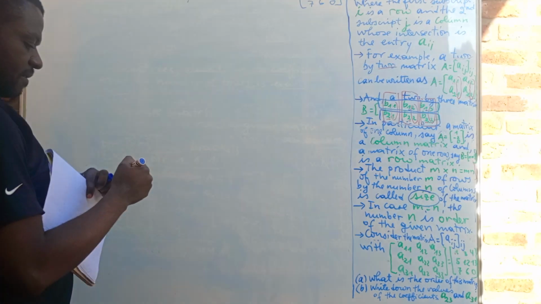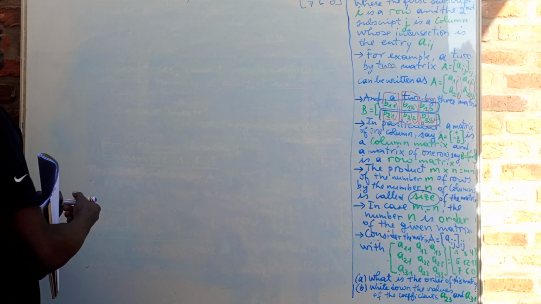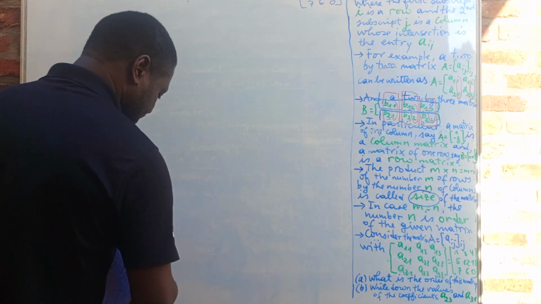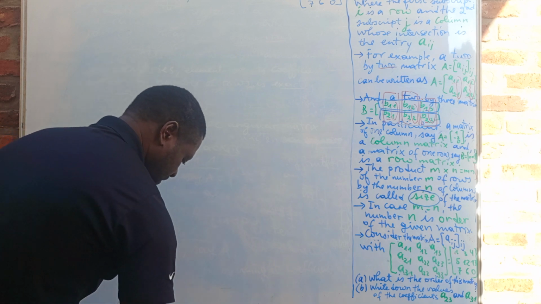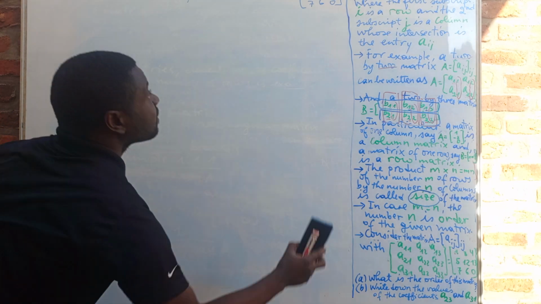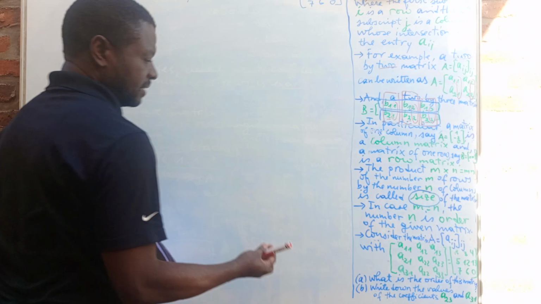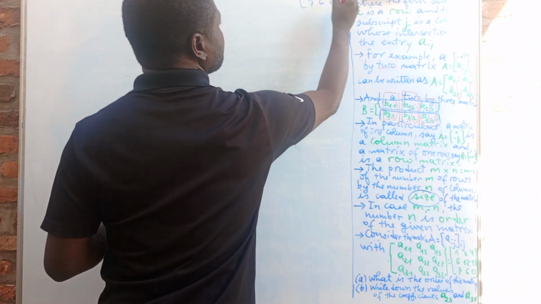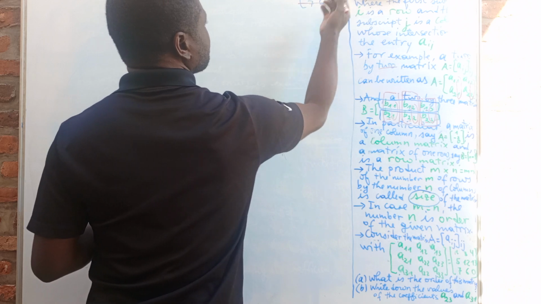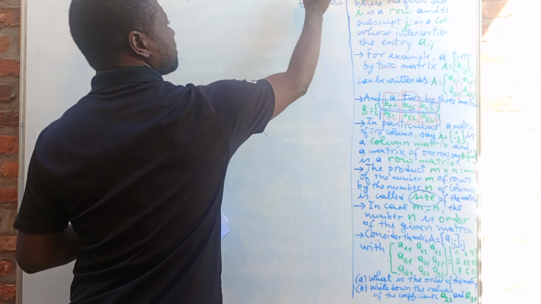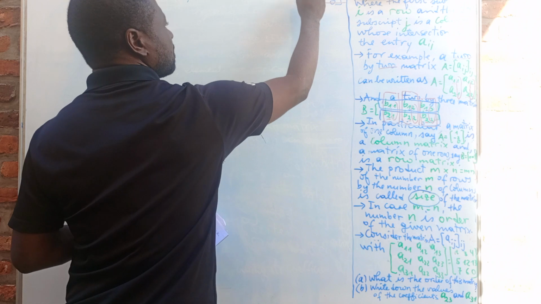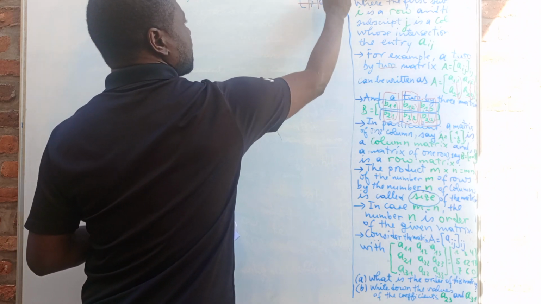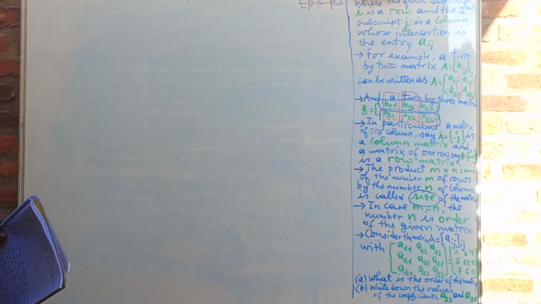So we have this situation, and we see that in this case, first row, second row, third row, so three rows; first column, second column, third column, 3 columns.